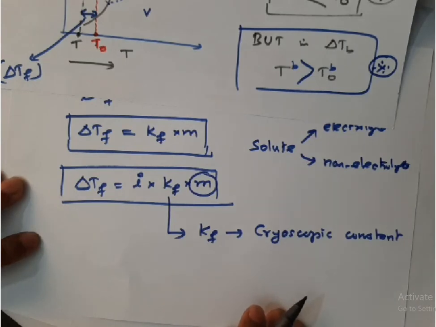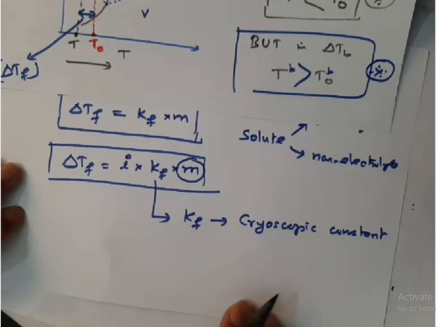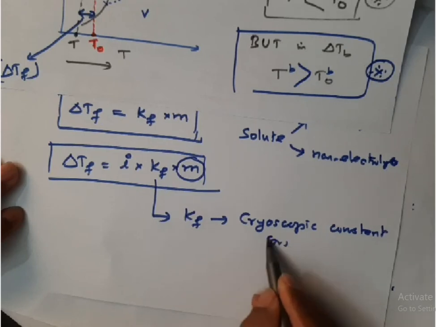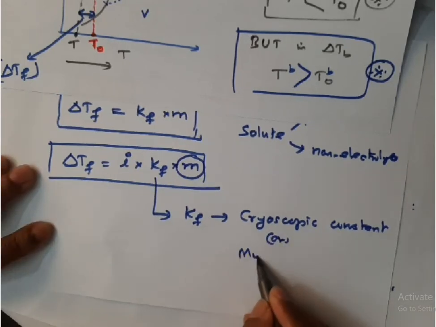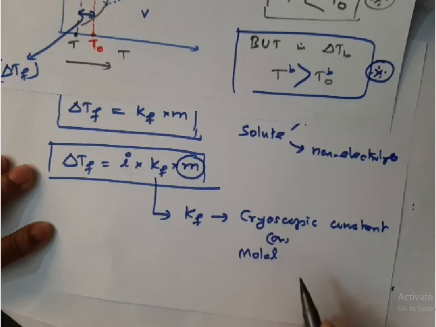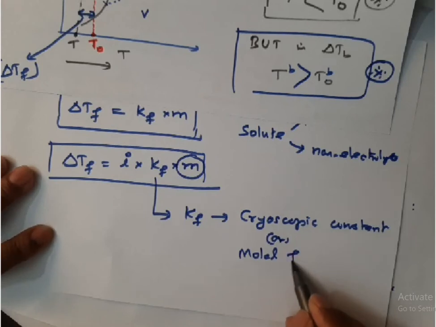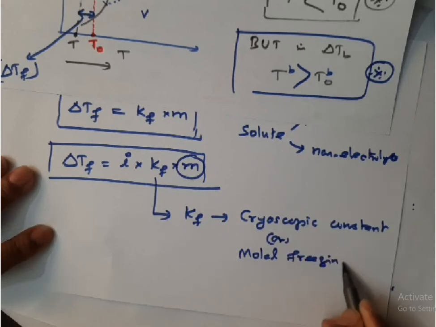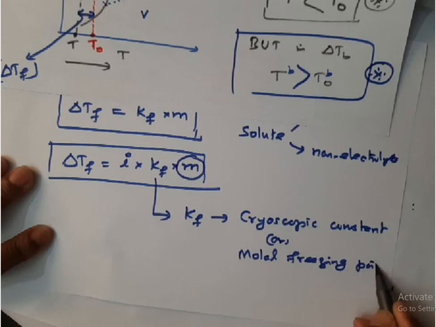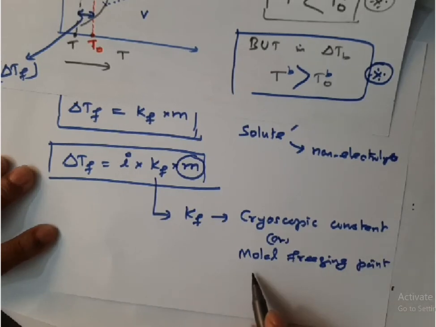Kf is called the cryoscopic constant, and it is also called the molal freezing point depression constant.